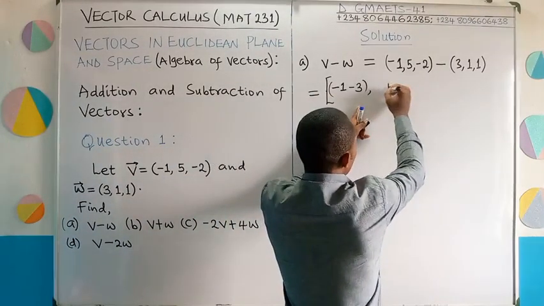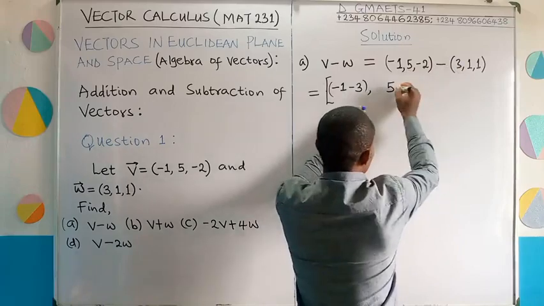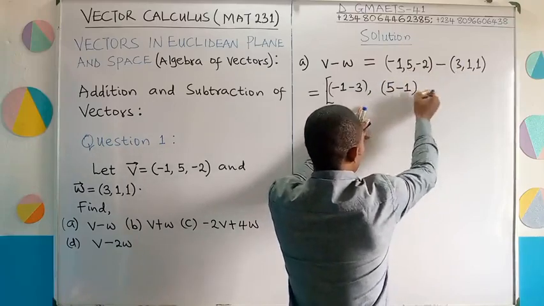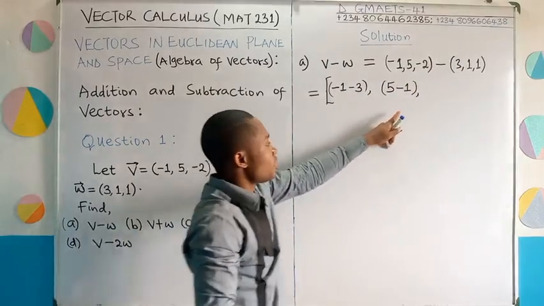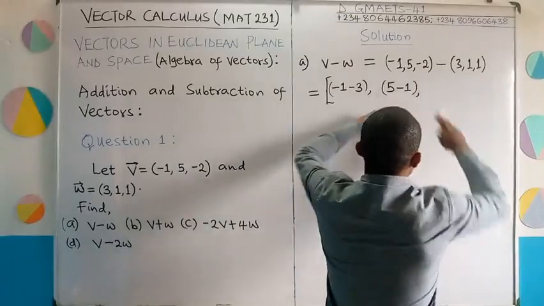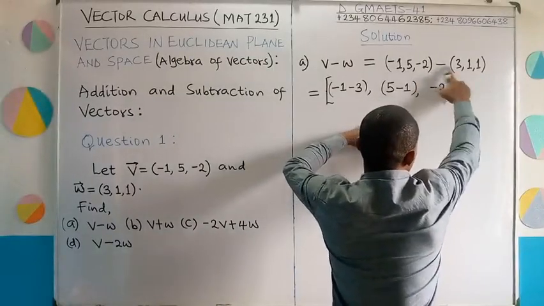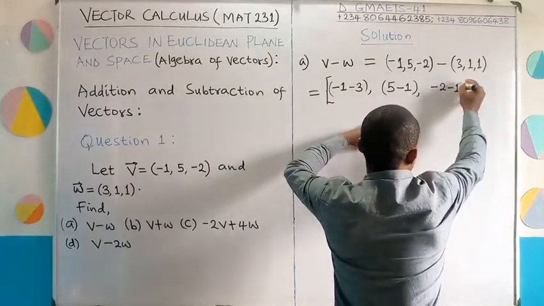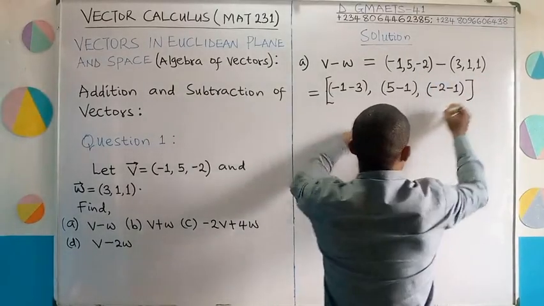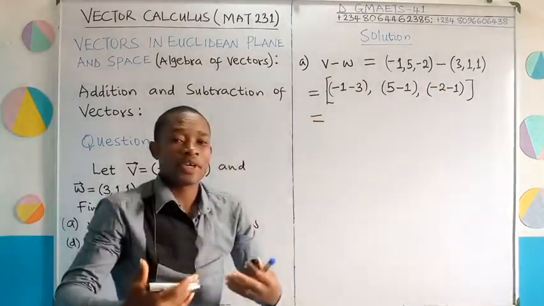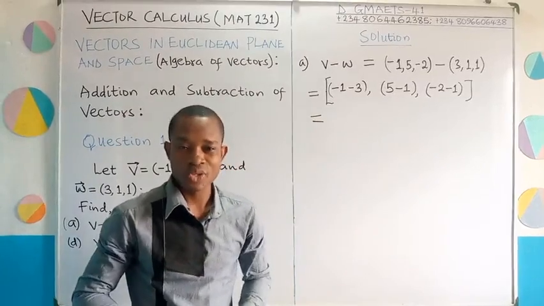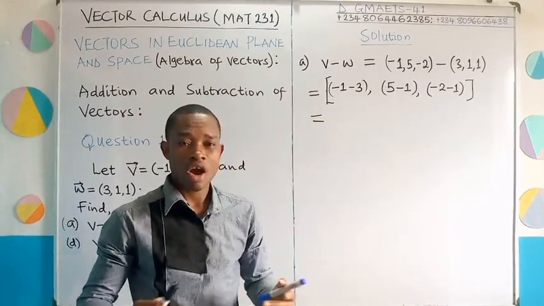Comma, then the next will be 5, and then -1. This is going to be the j component. Is that okay? And then the next is going to be -2, and then -1. Correct. So you see how I've picked their like terms. So that's just what you do when treating addition and subtraction of vectors.